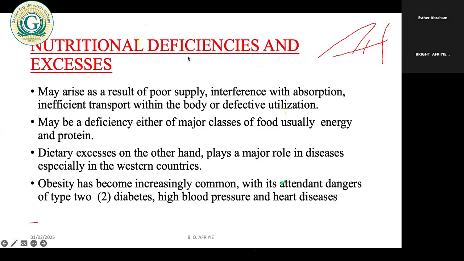Esther has the hand up. Let me see what she has to say. Esther, please, you can unmute. Okay, thank you. Please, I want to ask, so we've identified the physical and then the chemical. If someone gets burns, where will you classify it under? Or it depends on what caused the burn.